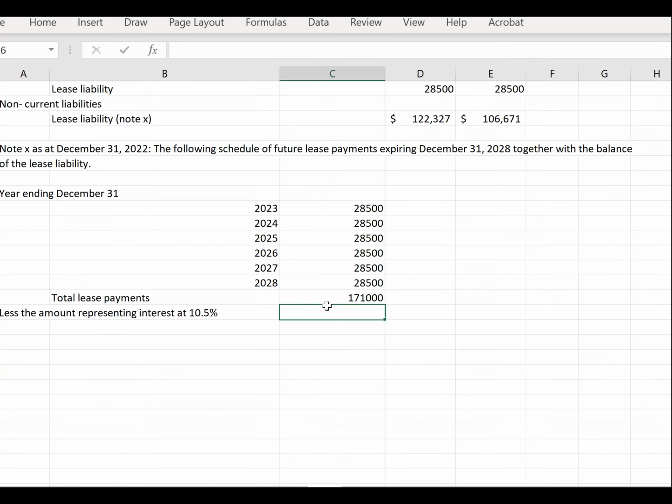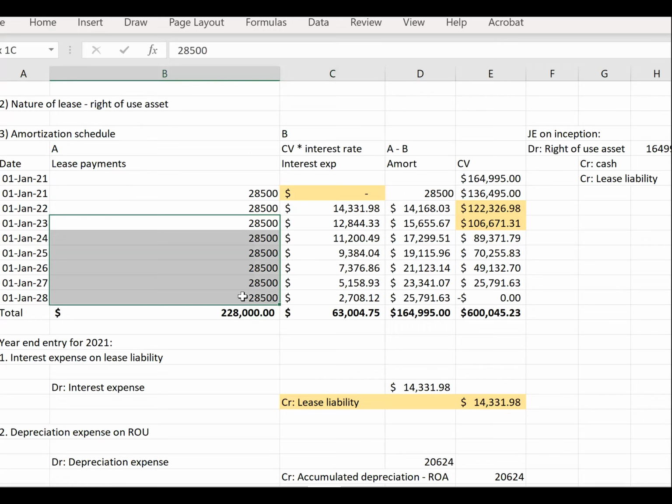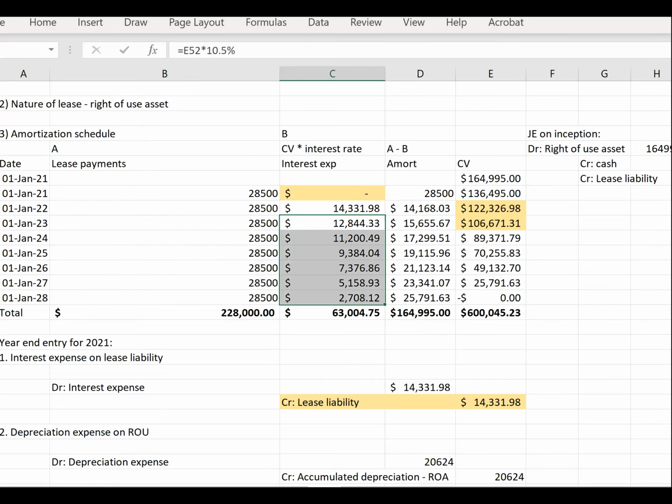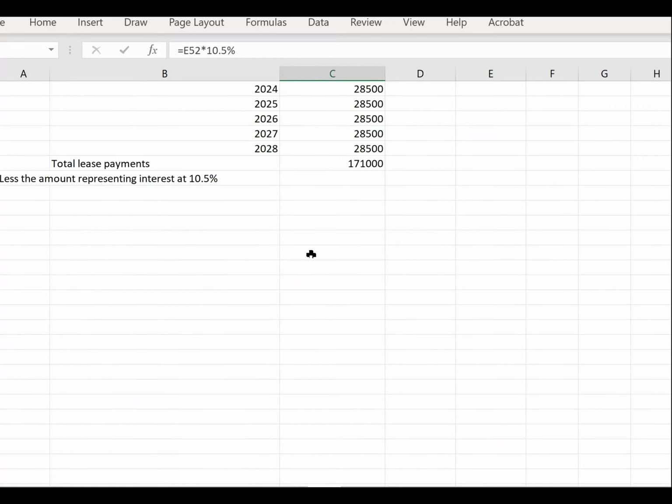Now what we need to do is pick up the interest from our schedule up here, but for the same period. So remember, this was our 171. So now we need the interest expense. So we're going to pick up 48,673, which is our interest at 10.5% on our lease liability.